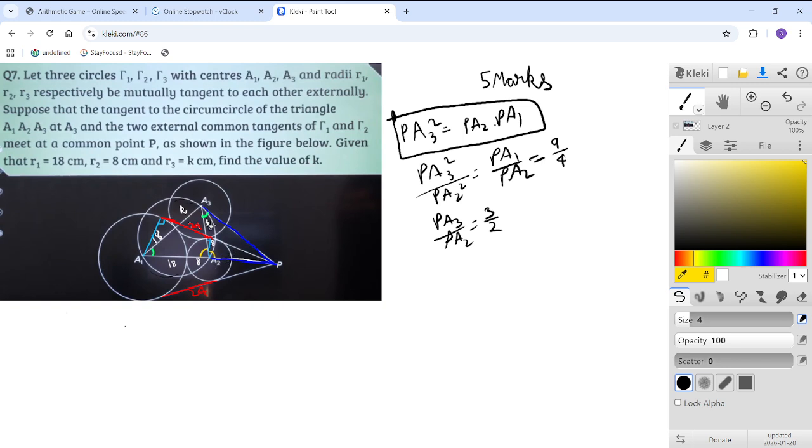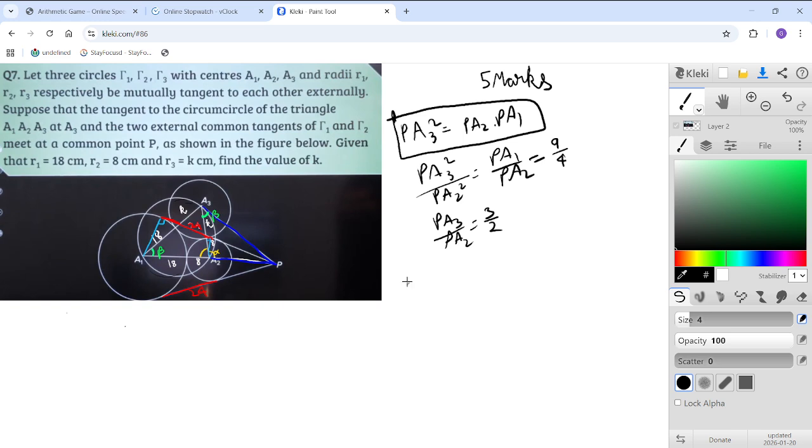So what we can do is, you can assume it to be alpha, right? This is 180 minus alpha, and you can assume this green one to be beta, whatever you want. So this is alpha, this is 180 minus alpha, this is beta.